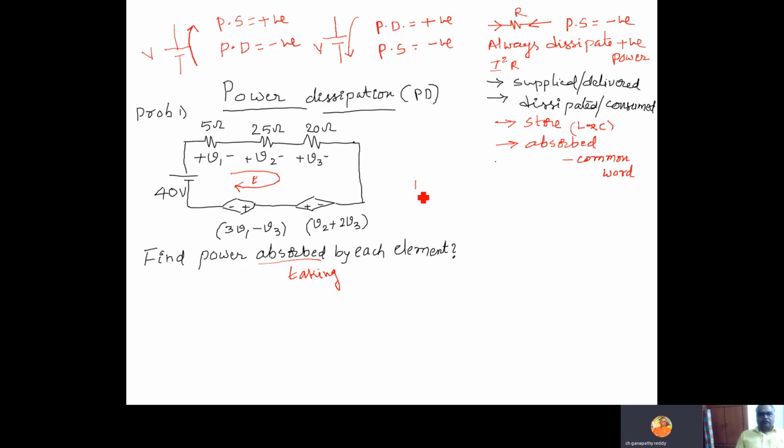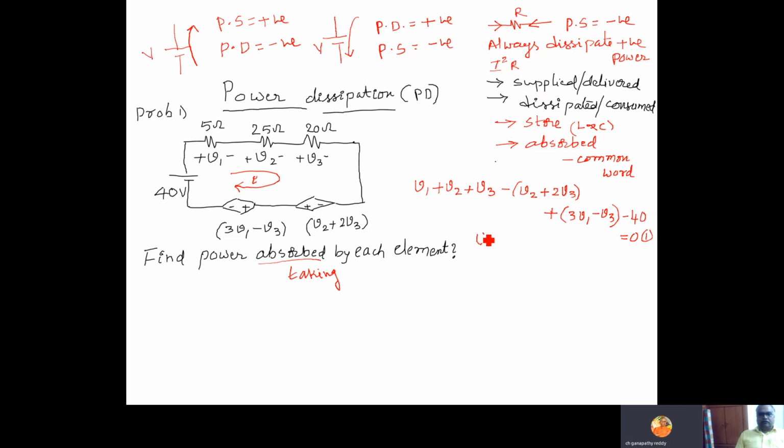We can write V1 plus V2 plus V3, minus (V2 plus 2V3), plus 3V1, minus V3, minus 40 equals 0. That is one equation.